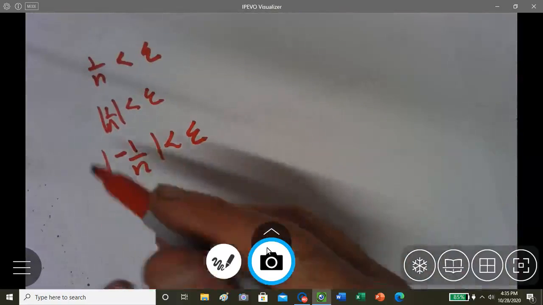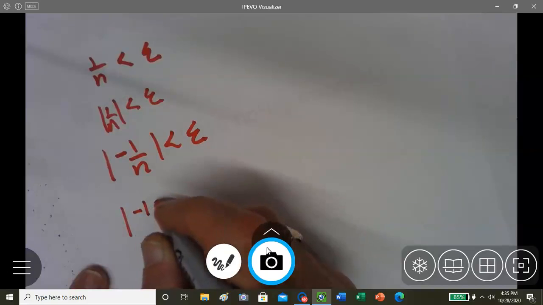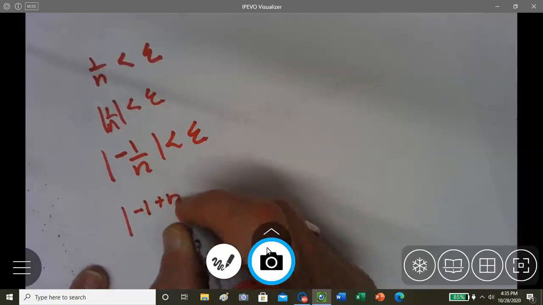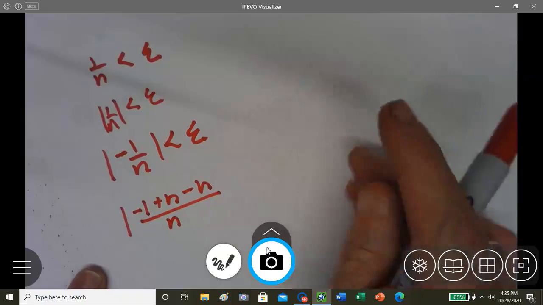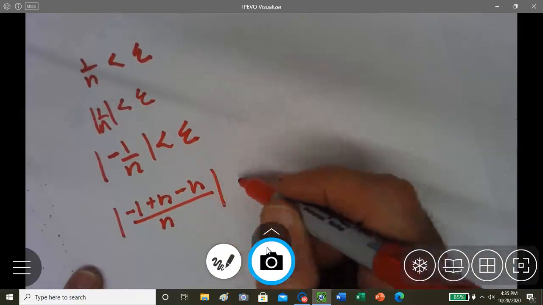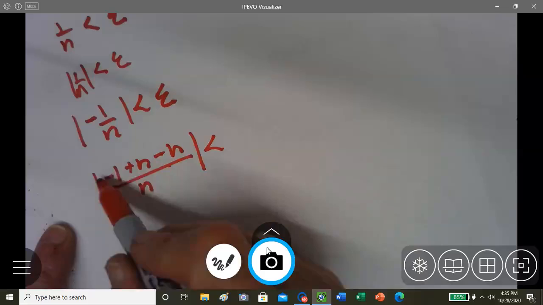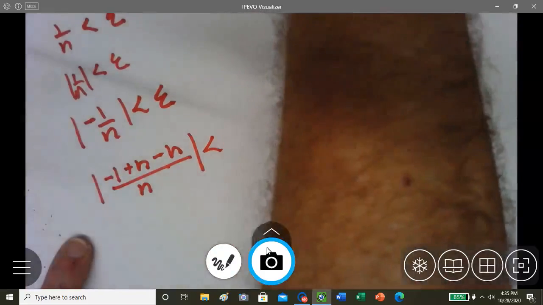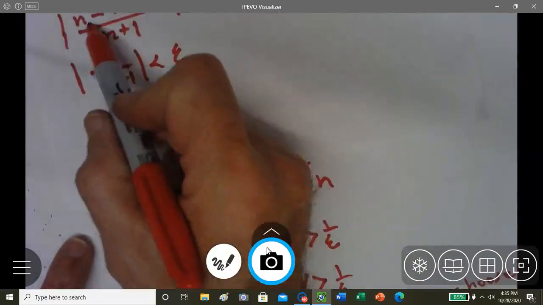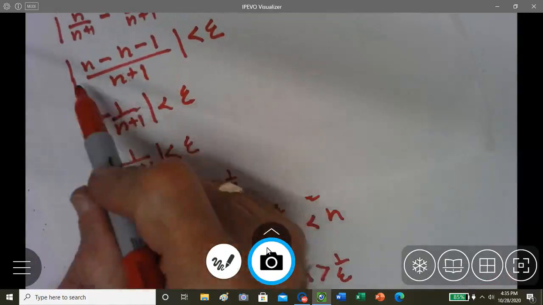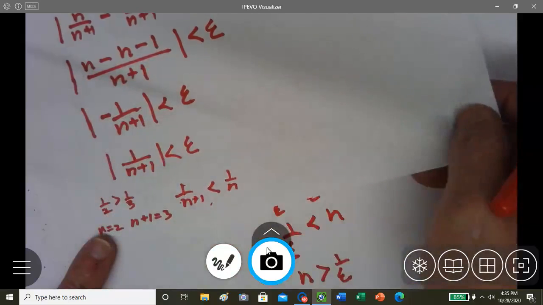Now if we have a negative 1 and then we add an n and subtract an n over n, then that's no different than just negative 1. Well, why are we doing that? Because we want to get to here, where we have n minus n, positive n minus n, and a minus 1.